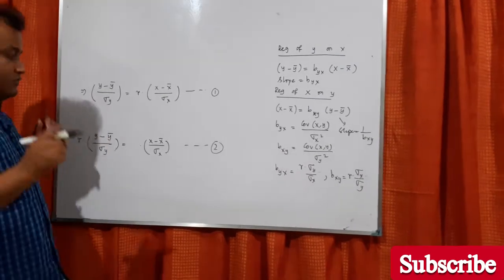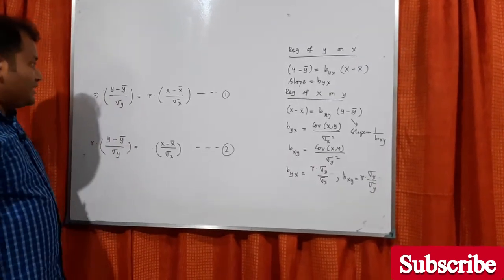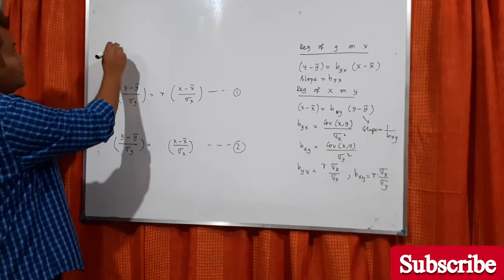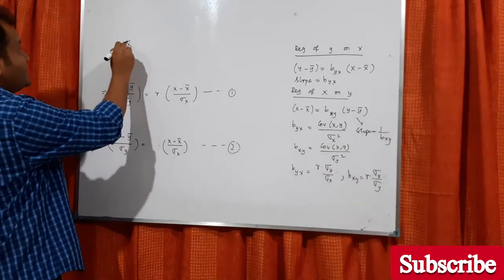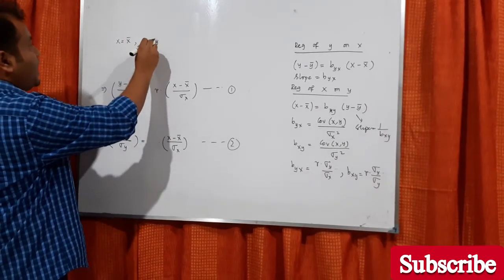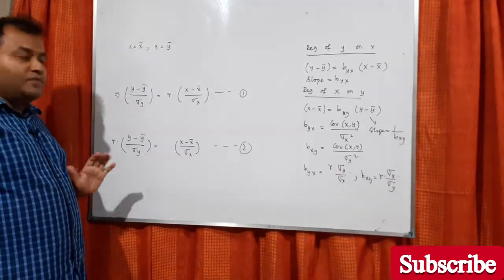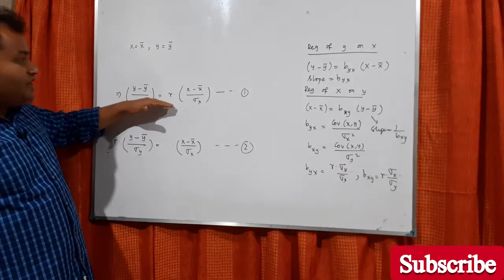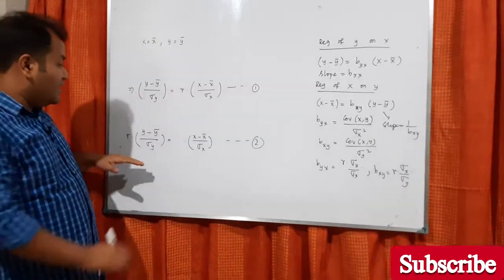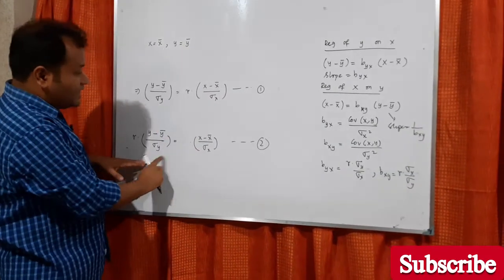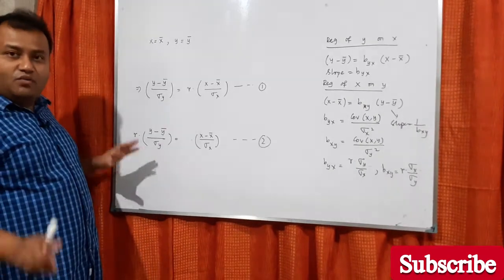Now be very careful. Look into these two equations. If I put x equals x bar and y equals y bar, then the equation is satisfied, that is, x bar y bar is a point on equation 1. Again, x bar y bar is a point on equation 2. What is the meaning of that?